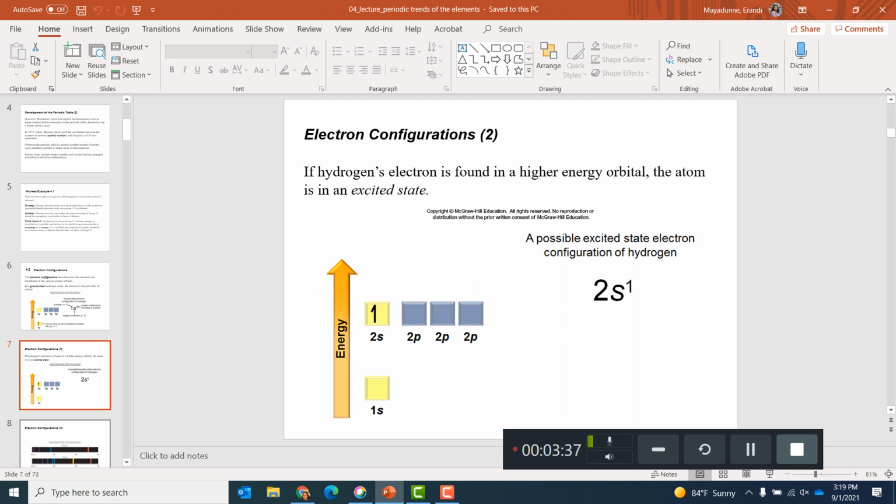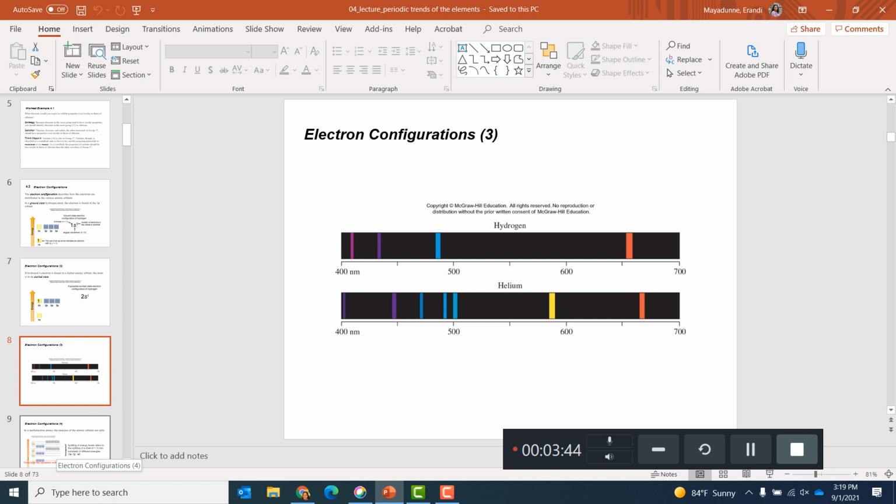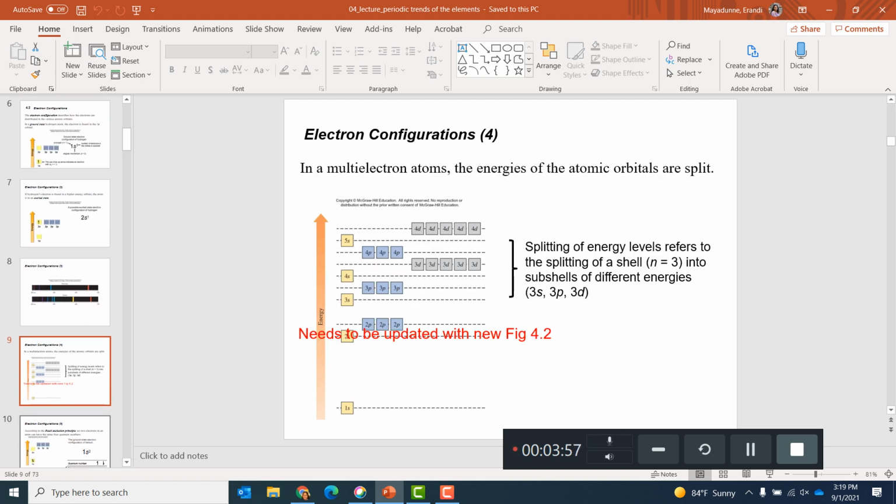If the hydrogen electron happens to be in the 2s state, that means it takes energy and goes to a higher energy state. So the hydrogen electron can go up to higher energy states, and when it releases energy and comes down to the final state n equals 2, we can see it in colors.